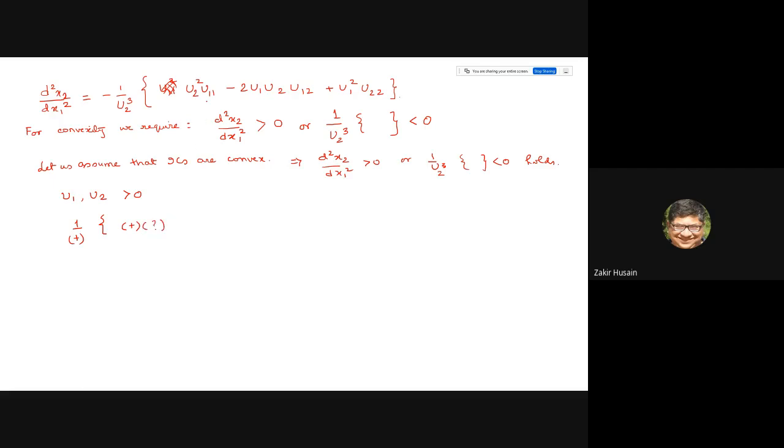Now what is U11? Here the law of diminishing marginal utility comes in. If the law of diminishing marginal utility holds, this should be negative. But if it doesn't hold, it can be anything. So I'm putting a question mark over here. Minus 2, which is positive, this and this.